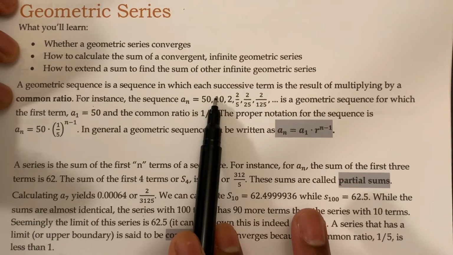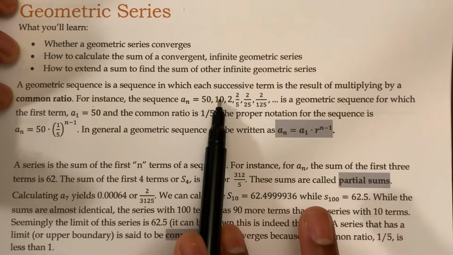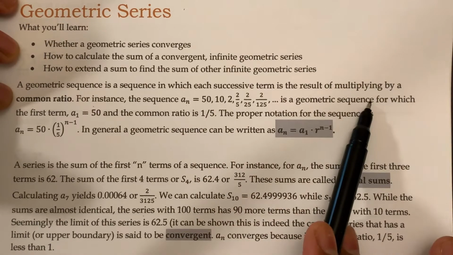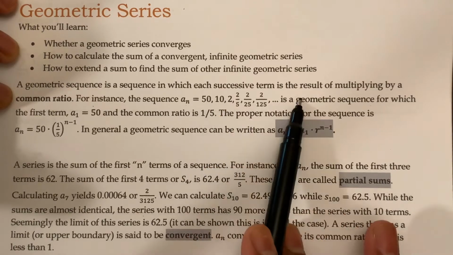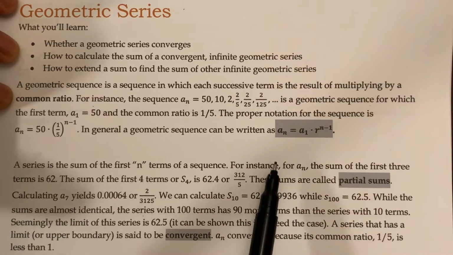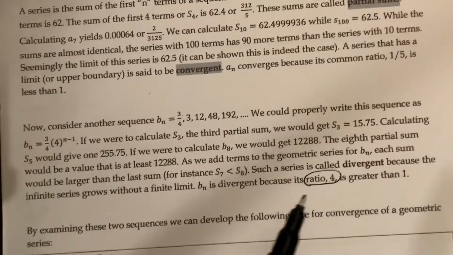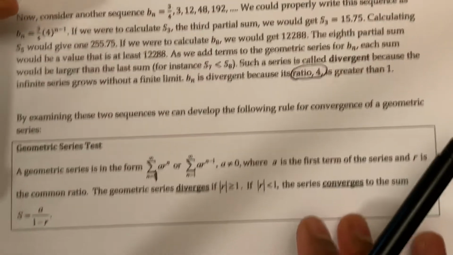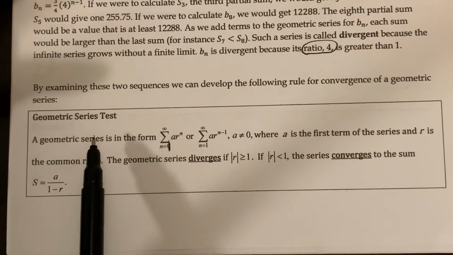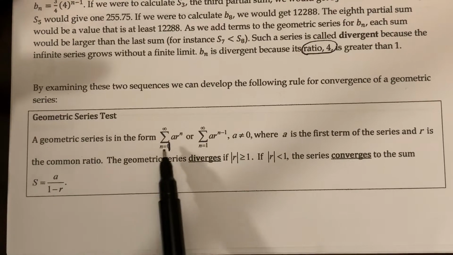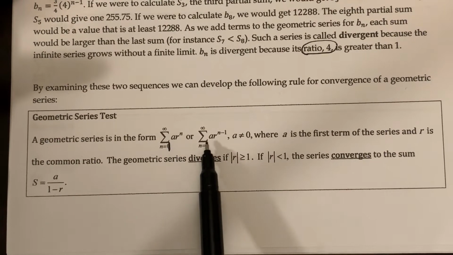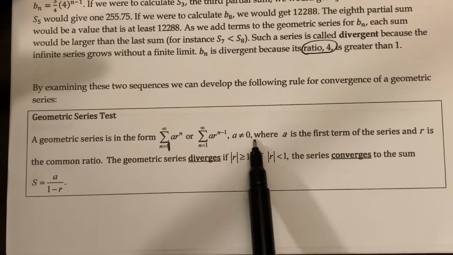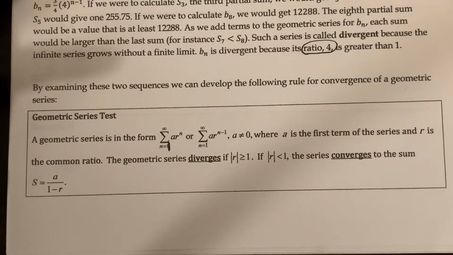Now, if you added up to infinity, A2 through A1 million is going to be less than 50 if you add up all of those terms, because the ratio is less than 1. So with those 2 facts, we can come up with a rule that we call the geometric series test. A geometric series in the form of the sum from n equals 1 to infinity of a times r to the n, or a times r to the n minus 1, a just can't be 0. Remember, if you're dealing with a geometric series, you have to be multiplying the same number over and over again.